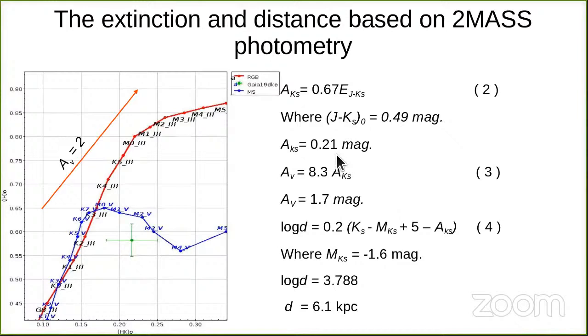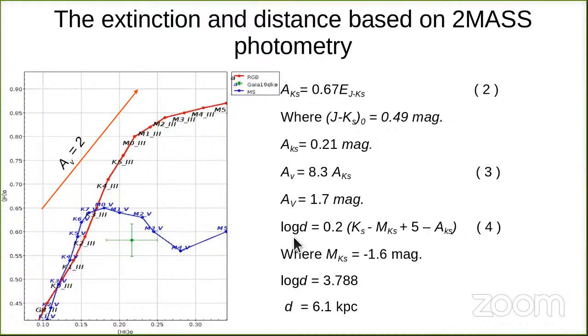So in the K band in infrared, it is 0.221 magnitude. If we want to get the extinction in V, as usual, we should multiply by 8.5. It is a well-known ratio. So if we use this infrared data, probably it is a little bit too much extinction.